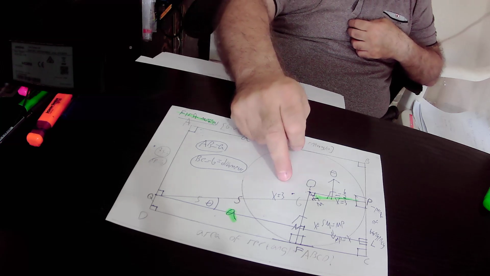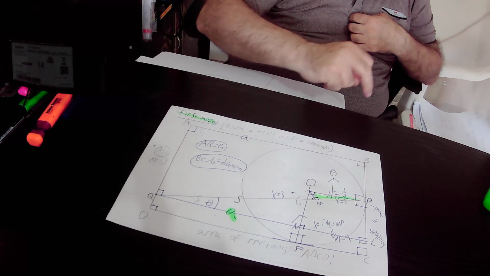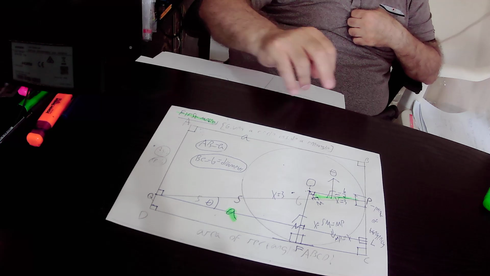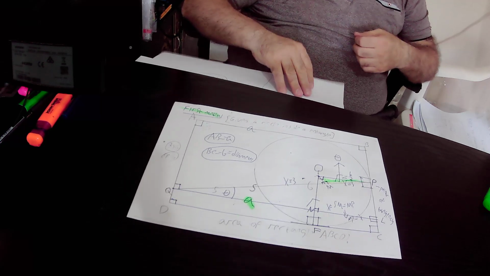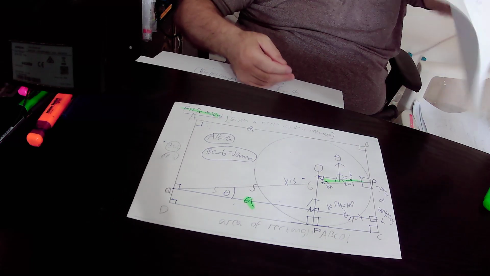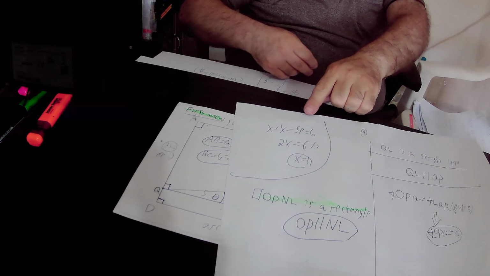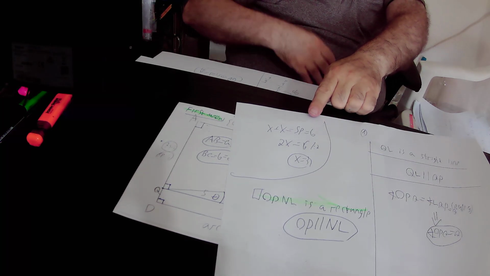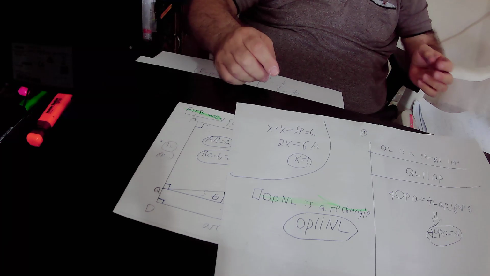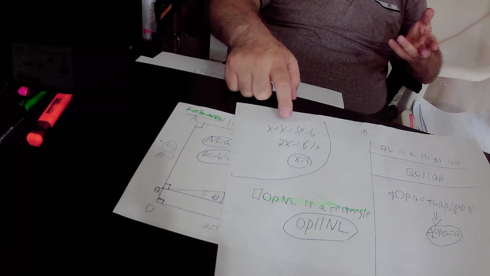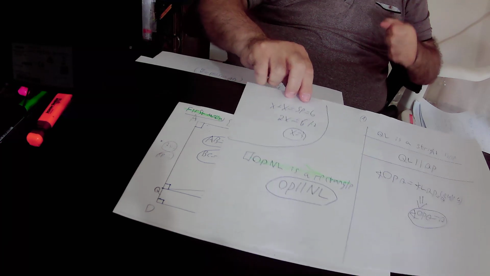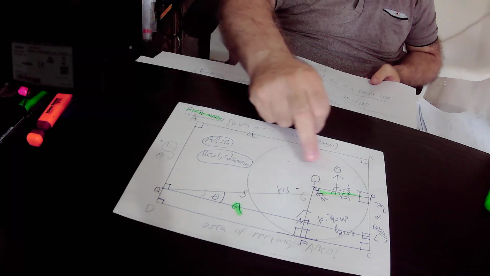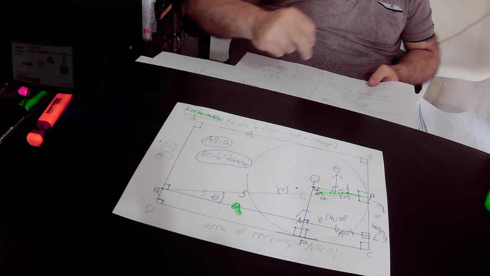If SM equals X, then MP must also equal X because they are equal to each other. So X plus X equals SP, that is, 2X equals 6. We divide this equation by 2 and find that X equals 3 units. Here X equals 3 and X equals 3.